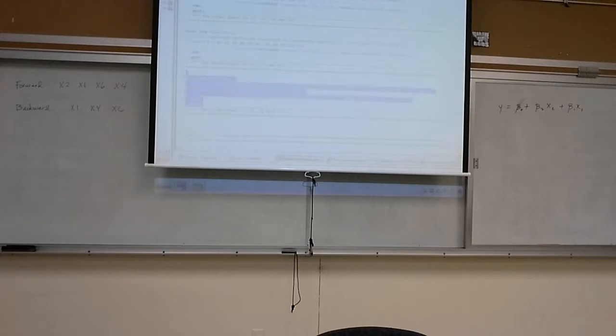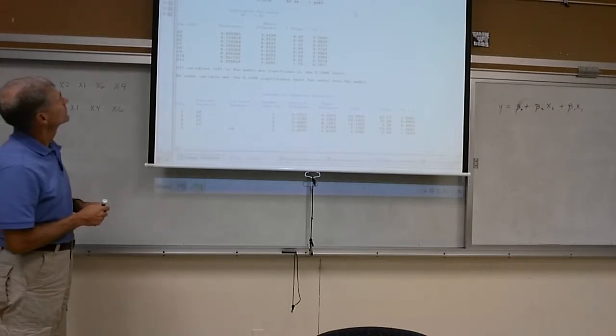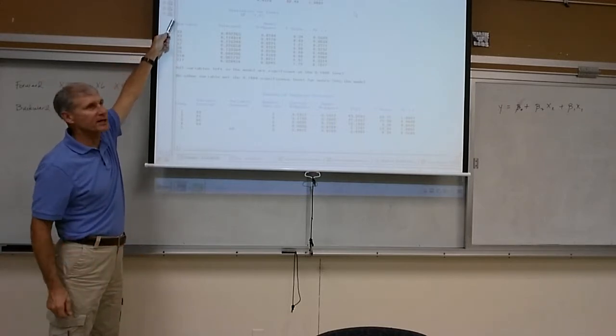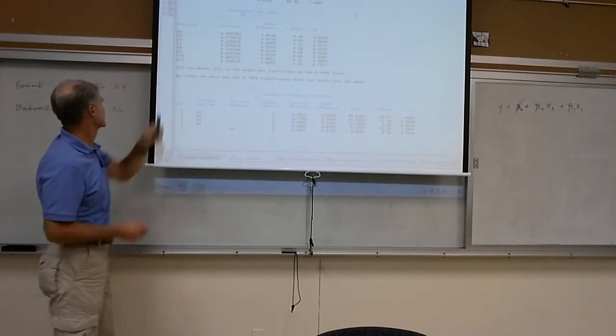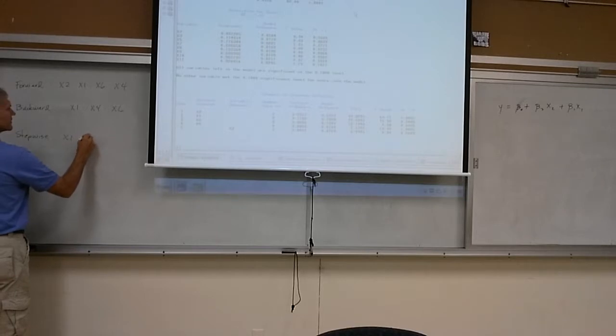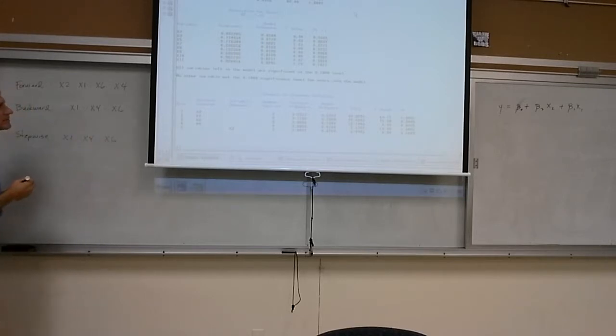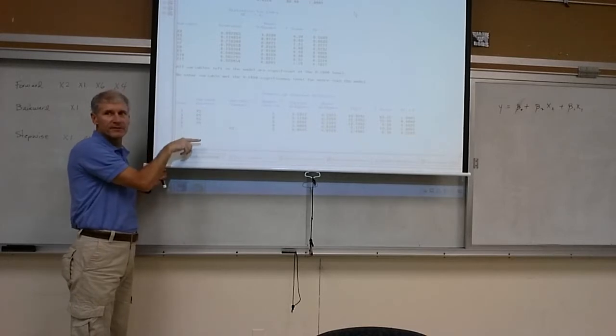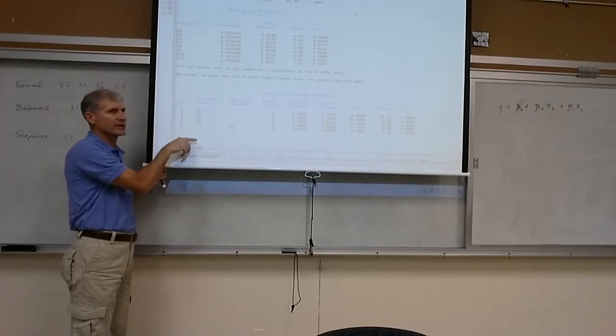Okay. Now let's see about stepwise. So the final model, we're getting the bottom part of the output up there. There's the final model, X1, X4, and X6. So stepwise and backward agreed. And look what happens here through the summary.